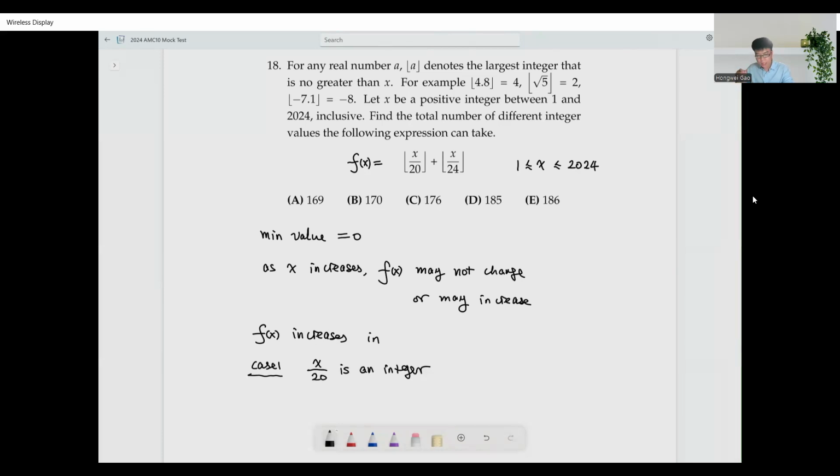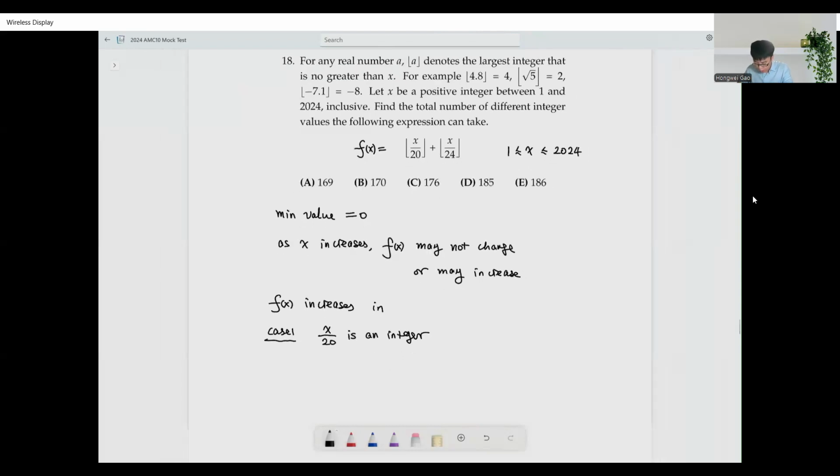For example, if x is 19, x over 20, the integer part is 0. But when x increases from 19 to 20, the integer part becomes 1. It increased by 1. Similarly, we have case 2, where x over 24 is an integer.